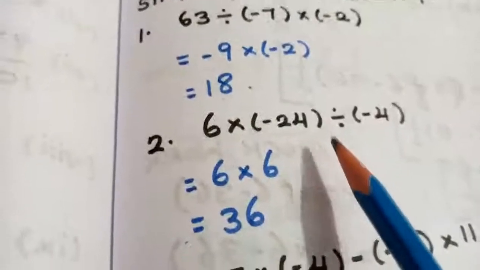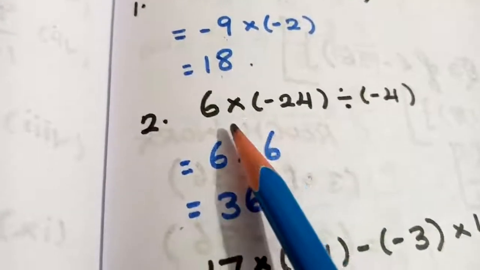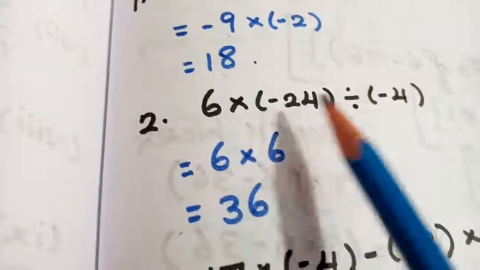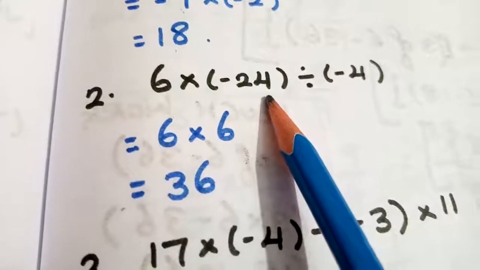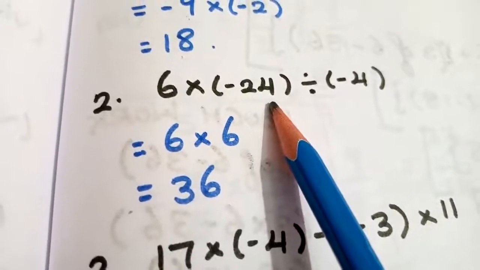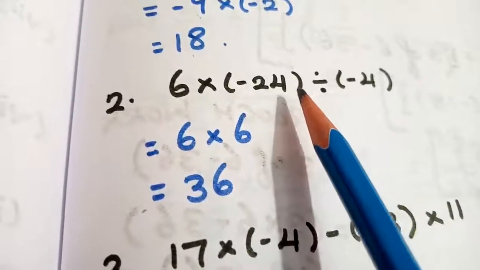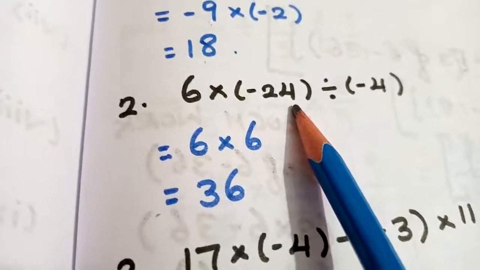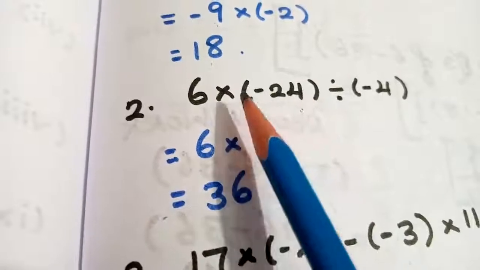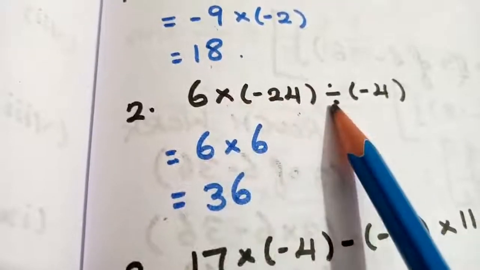Coming to the next one, first you look at the bracket value. If you have only one term, there is no problem. If you have more than one term, you have to give importance to the bracket. Only one term means there is no problem at all. In this case you have multiplication, subtraction and division.